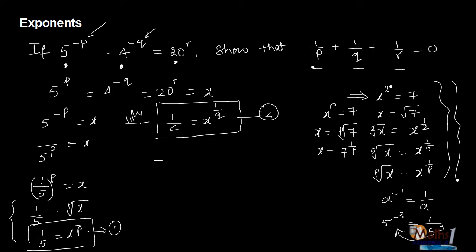So if I take 20 to the power r equals x, that will be 20 equals the rth root of x, which is x to the power 1 by r. Remember that I didn't take the reciprocal because there is no negative value. So that will be 20 equals x to the power 1 by r.